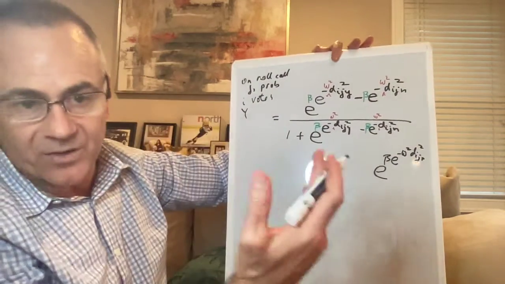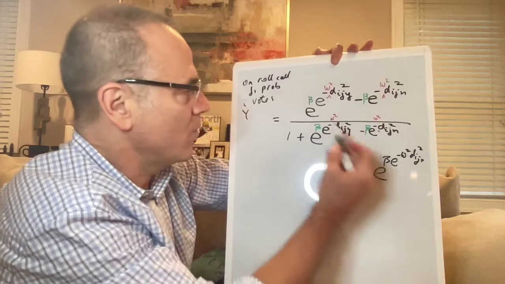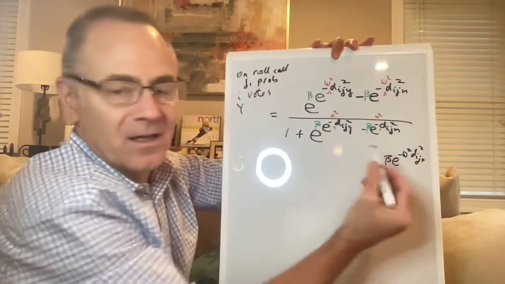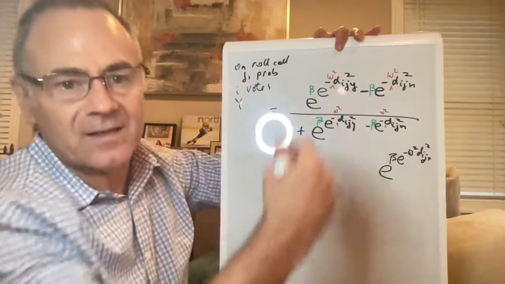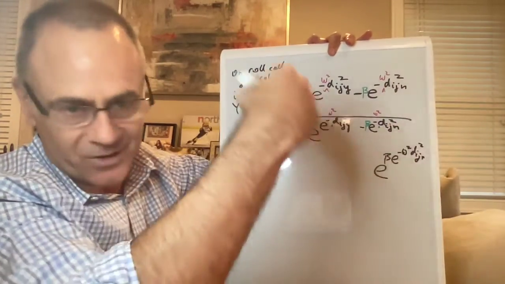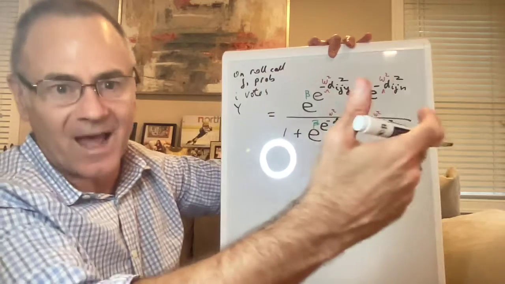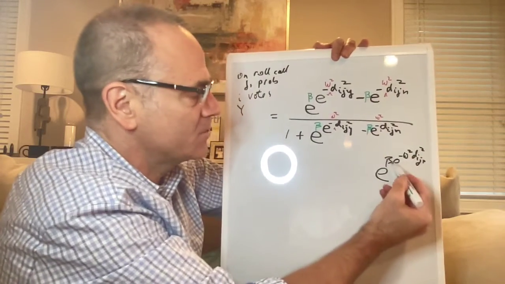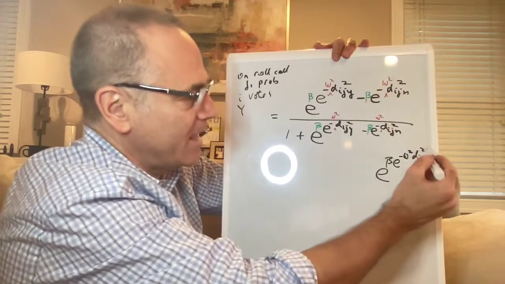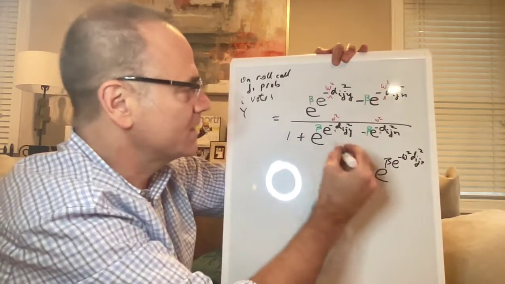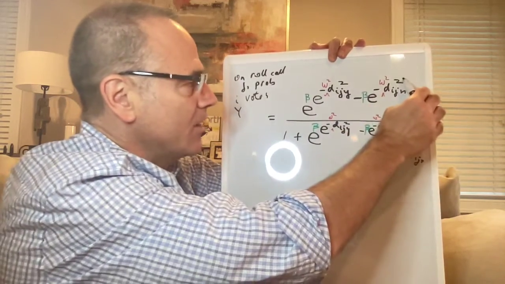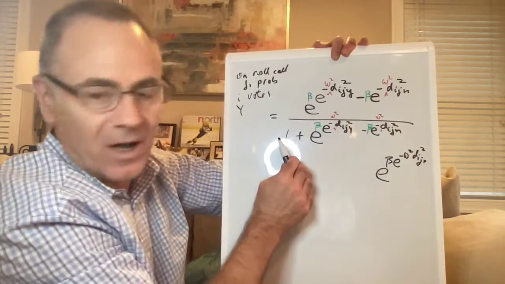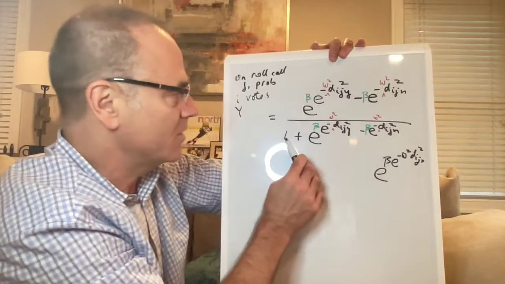What that is going to do, we have e to this plus this, e times another number. The rule is you add exponents. So that's going to cancel with that. So what that's going to do is it's going to get rid of these two terms here, but we're going to multiply that times the 1. And so that term's going to appear here.